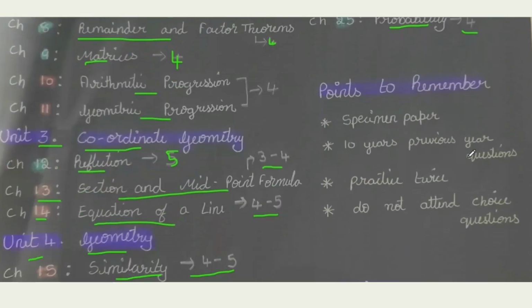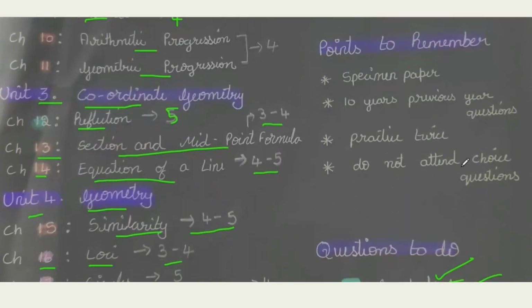And the next is points to remember. Students, see, the specimen paper: in the previous year, what had happened is they followed the specimen paper pattern. They gave questions based on it, where the procedure is the same, but the numbers may be different, the question may be different.